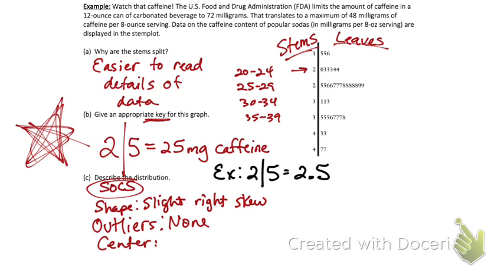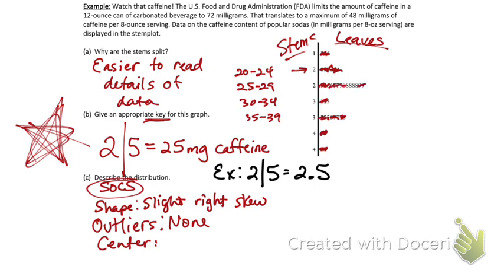Maybe go every 3: 3 of the low numbers, 3 of the high numbers. Again, notice I'm going inwards like this. 3 more, 3 more, 3 more, 3 more, 3 more.